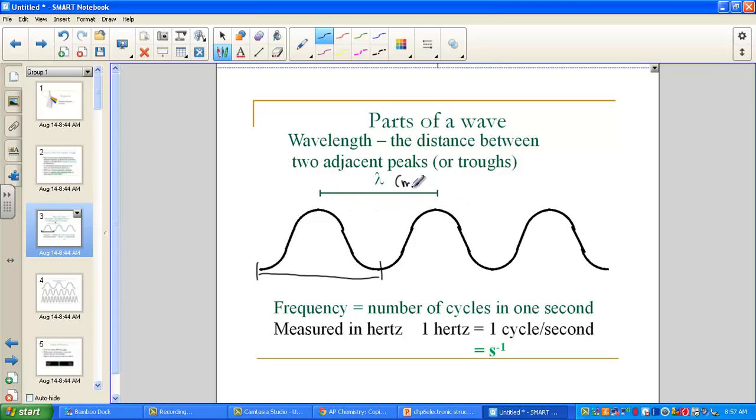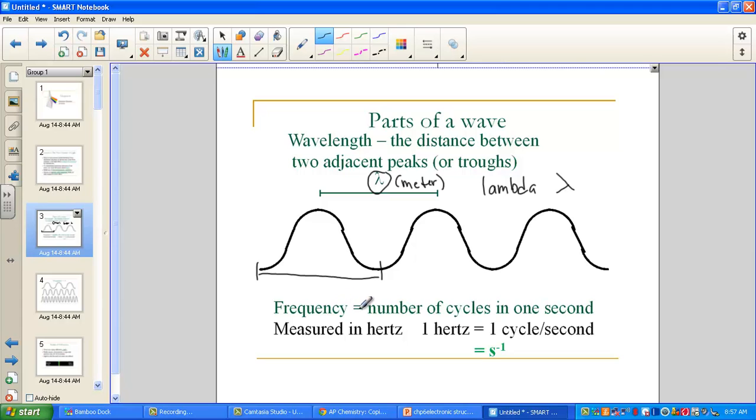The wavelength will be measured in a unit called the meter, abbreviated with a small m. The Greek symbol lambda is used to denote the wavelength, and we'll define the wavelength as the distance between two adjacent peaks or the distance between two adjacent troughs, measured in meters.